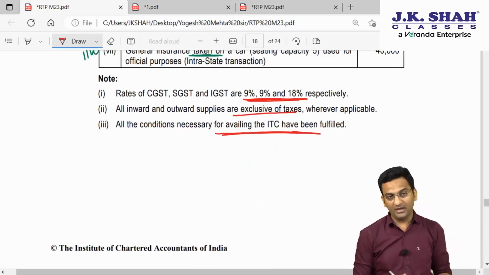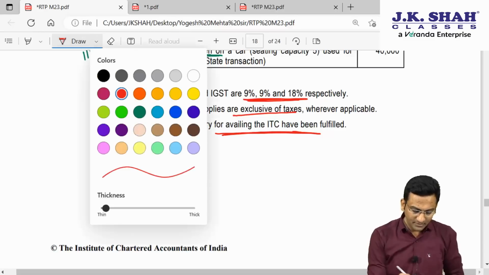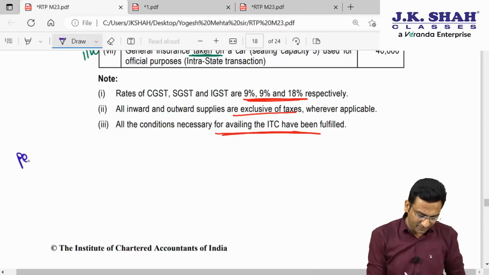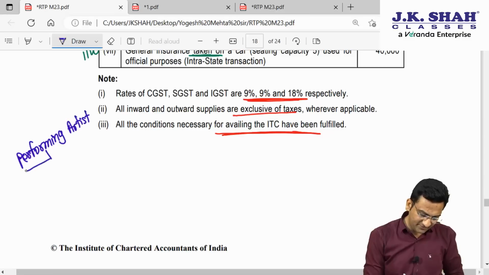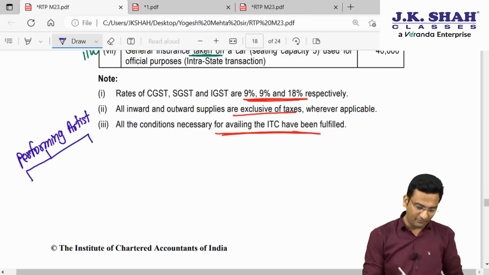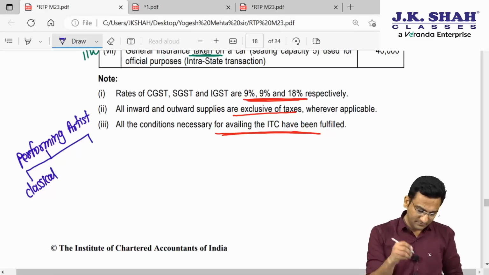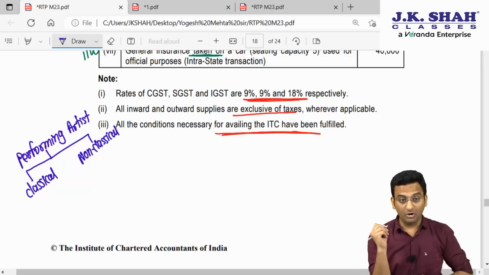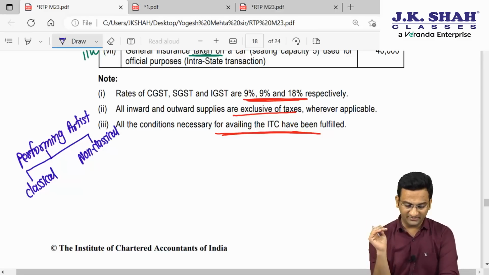I hope, friends, you may remember this. Services by the performing artist. If services are performed by the performing artist, the performance may relate to a classical form or a non-classical form of art, music, dance, theatre.